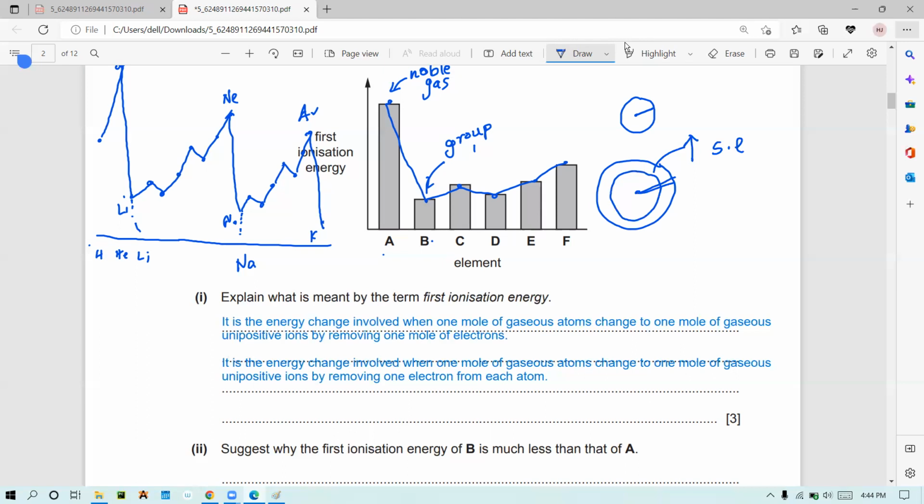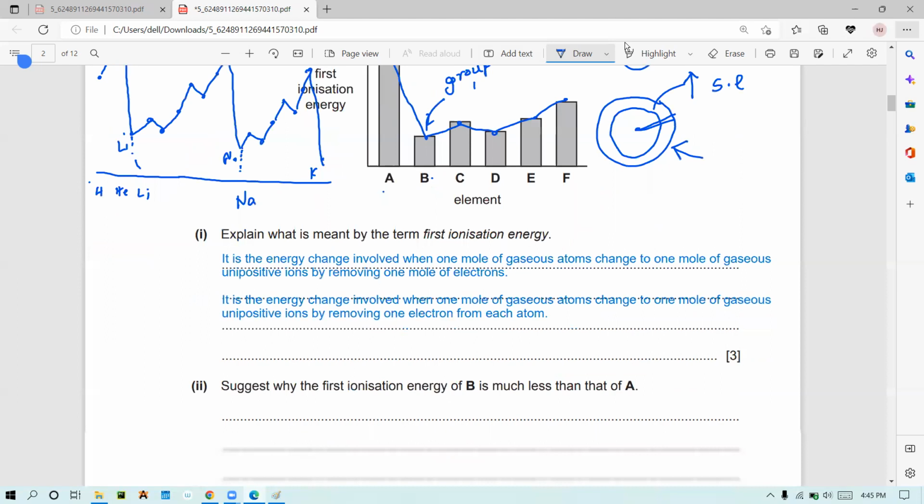Because of these two reasons, the size increase and the increased shielding effect, outermost electrons are attracted to the nucleus less strongly in B. That has to be given.